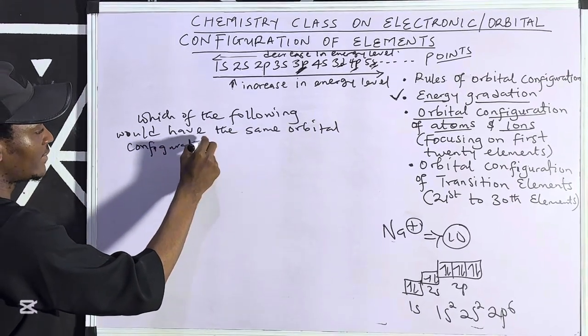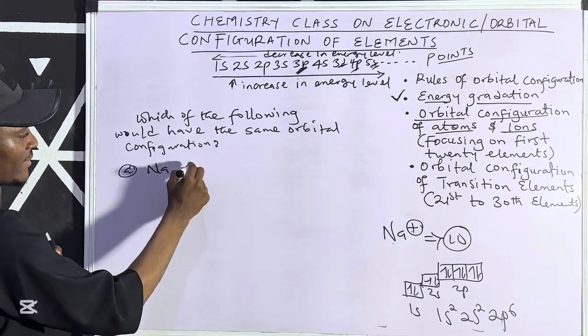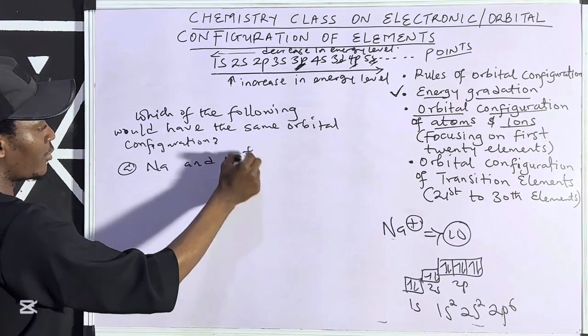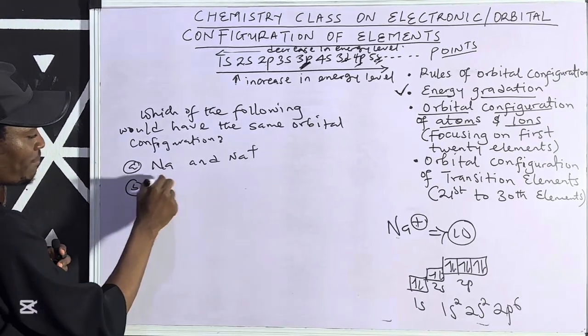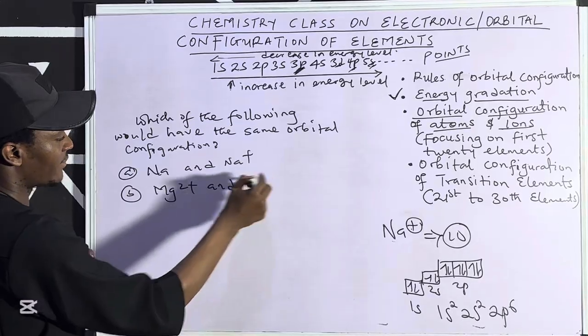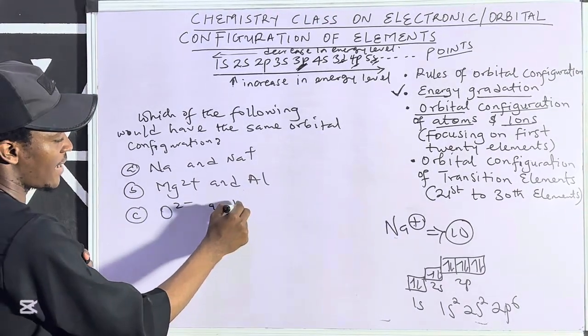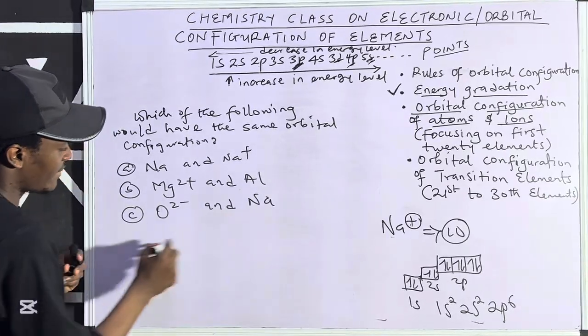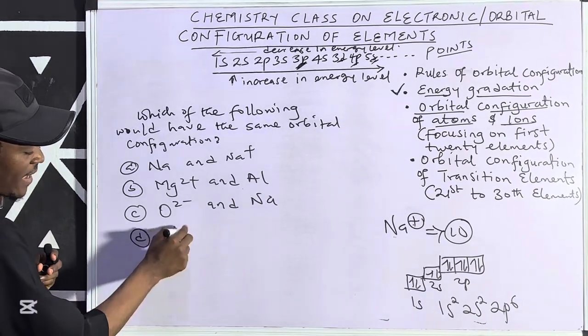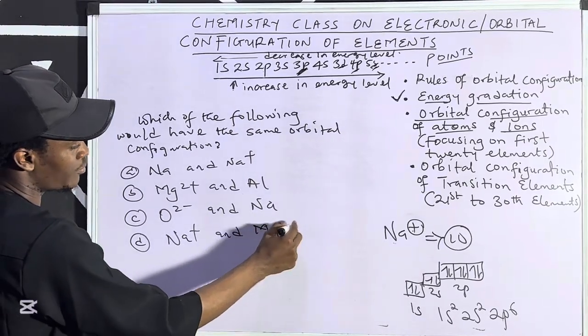And then these are the options: A, Na and Na plus; B, Mg2 plus and Al; C, O2 minus and Na; D, Na plus and Mg2 plus.